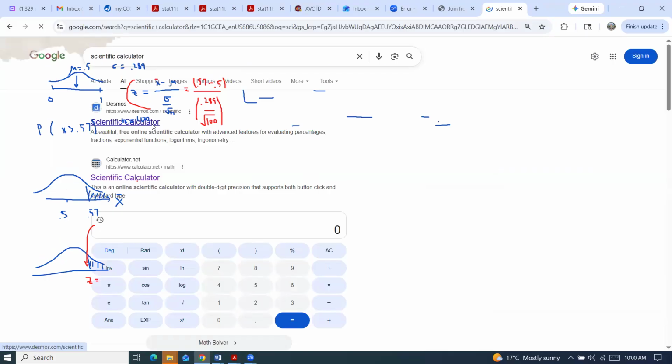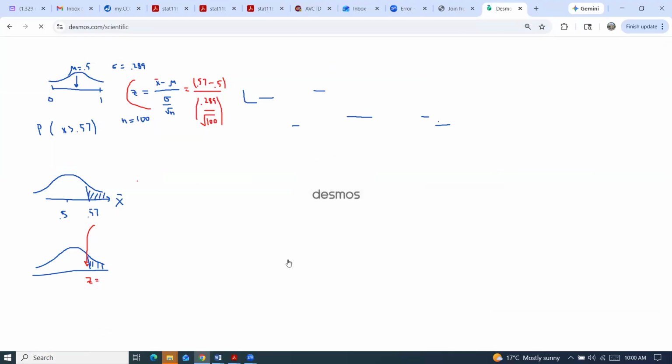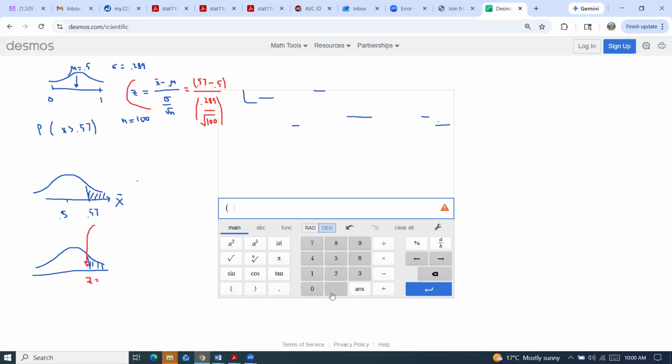Let's put in this red subtraction statement. So from 0.57 subtract 0.5. Well, sometimes you feel that you can do some of the calculation yourself, and that's good. You can do it yourself, but advice is still make sure you write it down carefully, and then make sure when you plug in a calculator, you do it carefully, right?